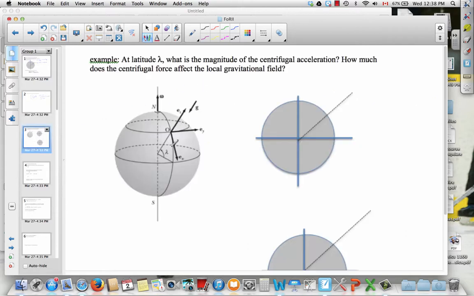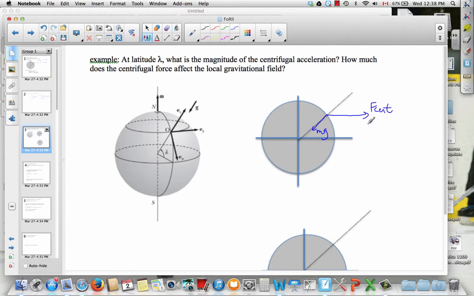So here we are at latitude then. And what is the effect then? Well, the gravitational force is, of course, still just towards the center of the Earth. There's the mg force. And the centrifugal force is still directly away from the axis of rotation.